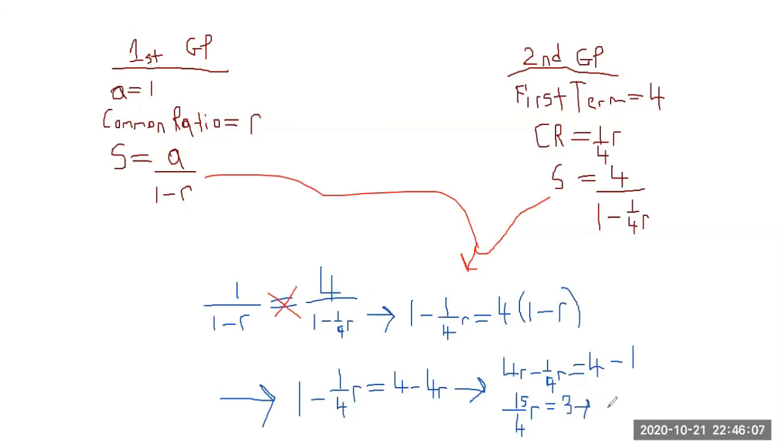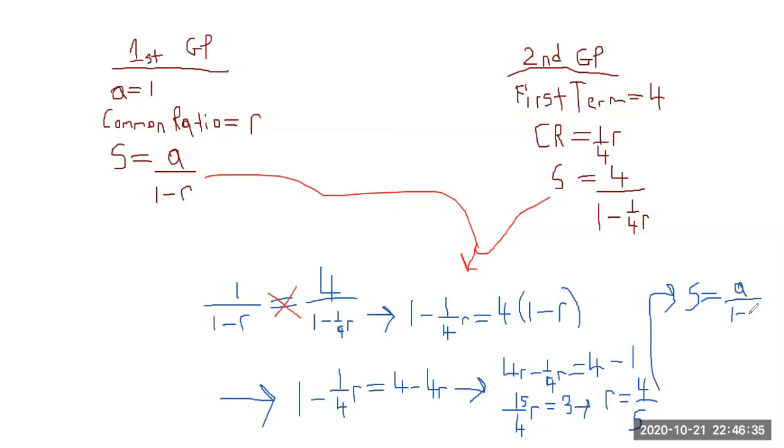And so clearly r must be equal to, what is r equal to? We just say 3 divided by 15 over 4, and I'm getting 4/5. So r is 4 over 5. Now since r is 4 over 5, let's finish the question right here. It implies that s is equal to a over 1 minus r.